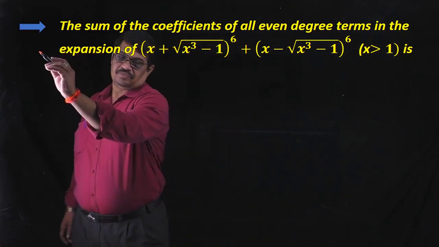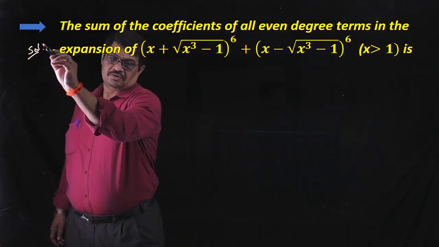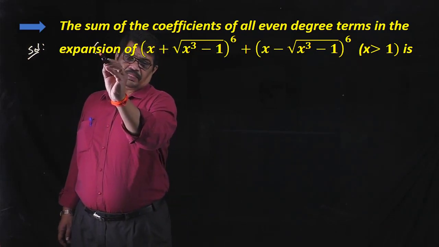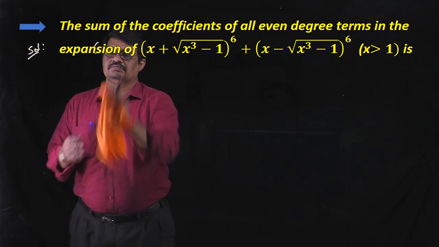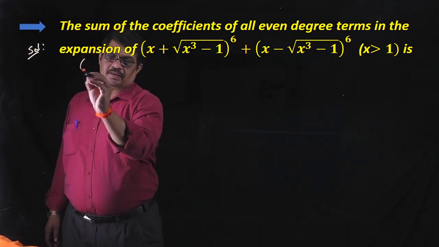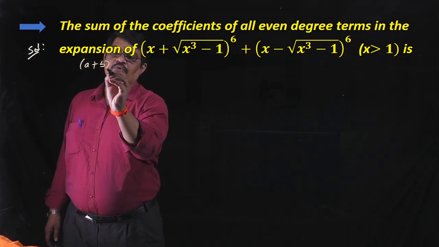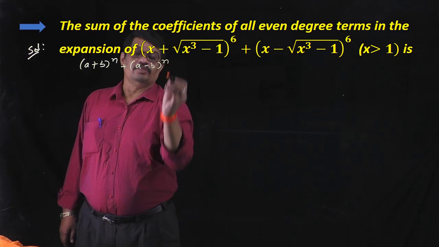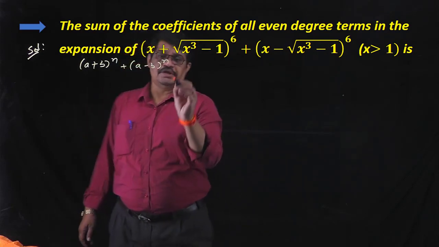Now in this solution we are using this formula, that is (a plus b) whole power n plus (a minus b) whole power n. What is the expansion?